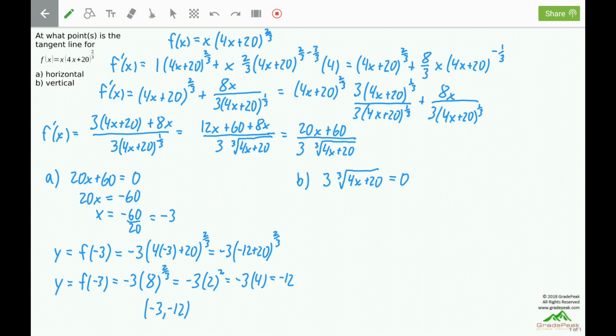Now for the vertical tangent line, we want the denominator equal to 0 for part B here. I'm going to divide both sides by 3, and 0 divided by 3 will remain a 0. And now we're going to raise both sides to the 3rd power because of the cube root. Cube root and cubed cancel each other out, and we have 4x plus 20 equals 0.